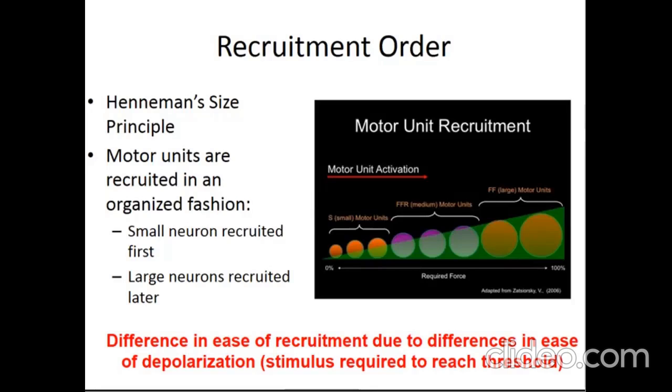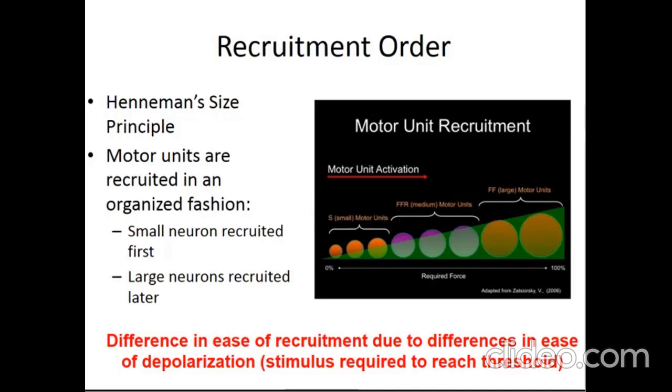Differently, a big motor neuron has the same absolute depolarization and will have a much smaller effect. Therefore, a larger depolarization is needed to activate this motor neuron and the type 2 fibers it innervates.